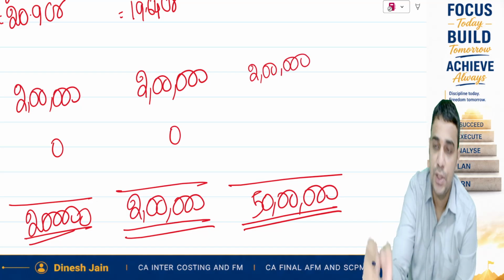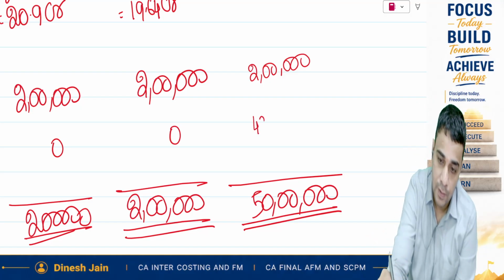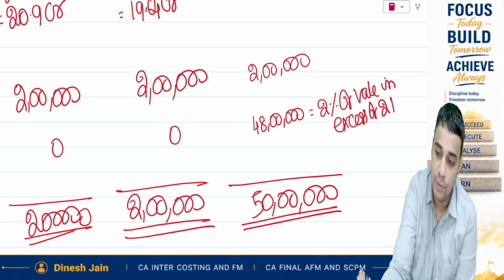Fixed continues to be 2 lakh. Variable is 48 lakh, equal to 2% of value in excess of 21.